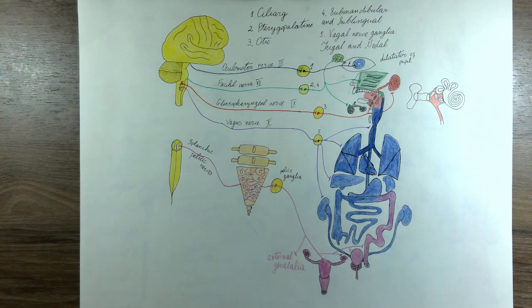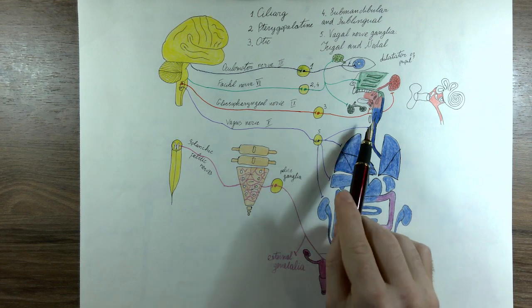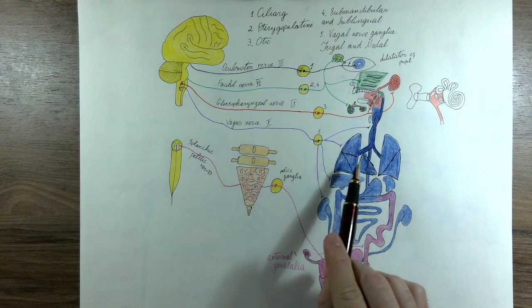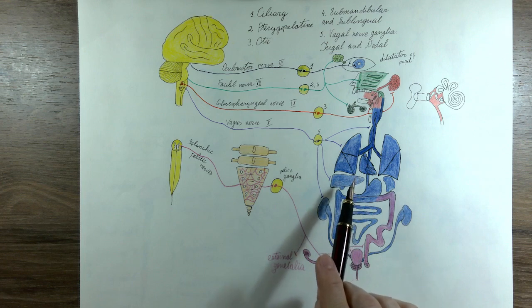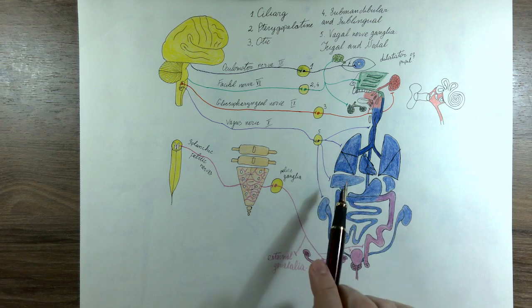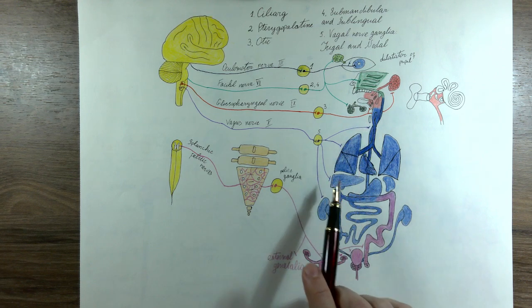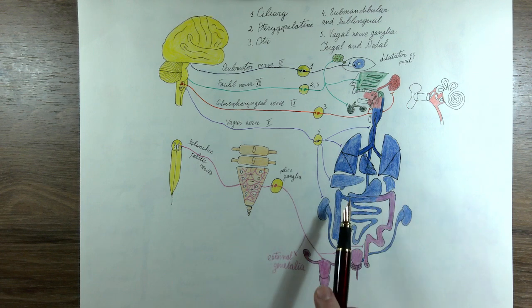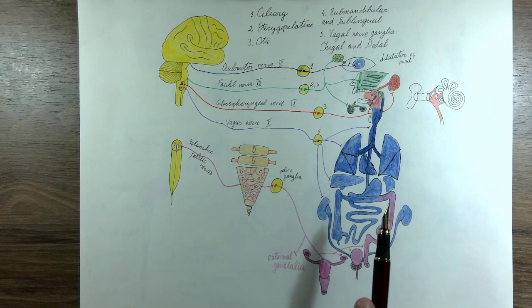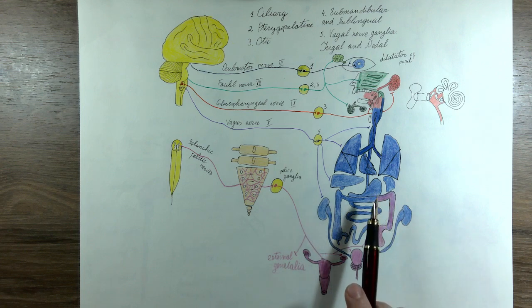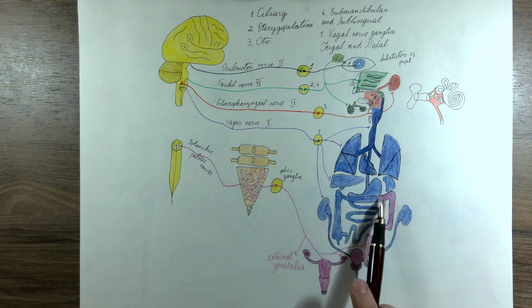And you can see that the vagus nerve has a very wide range of innervation, right? It innervates the lungs, the bronchi, the esophagus, it innervates the lower part of the throat, it innervates the liver, the digestive system, basically most of the organs, the kidneys, etc. The end of the innervation of the vagus nerve is around the left colic flexure, or somewhere around the distal third of the transverse colon.